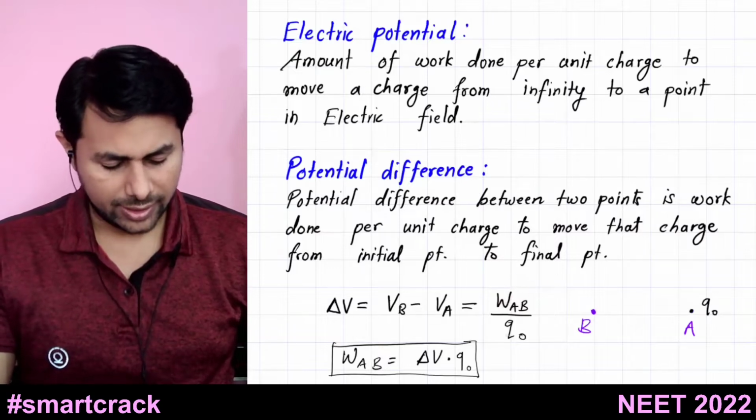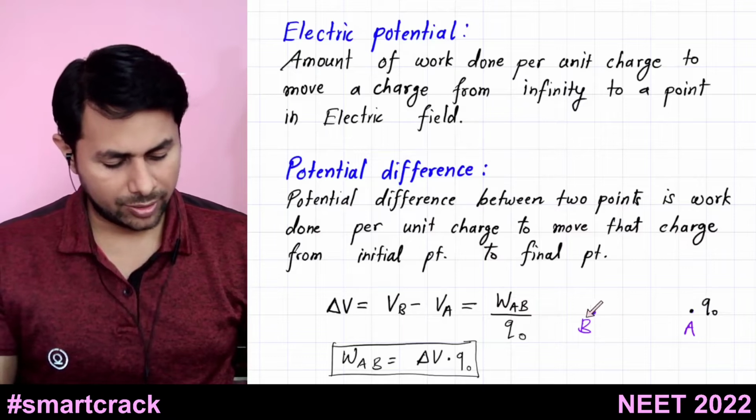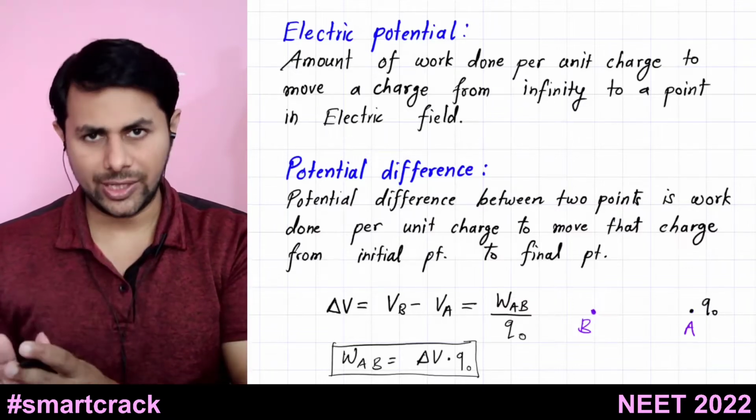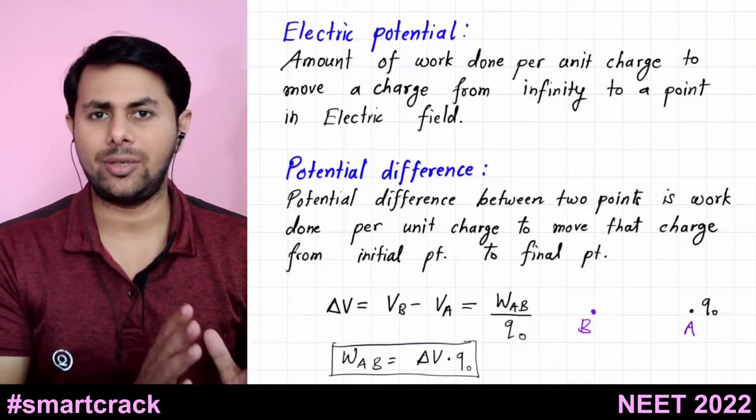Then that work done divided by the charge, the work done per unit charge to move it from A to B, is equal to the potential at B, the final potential, minus the potential at A, the initial potential.